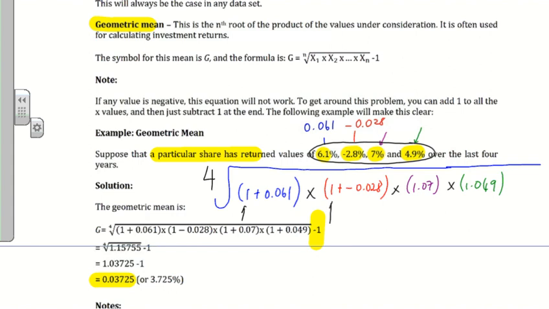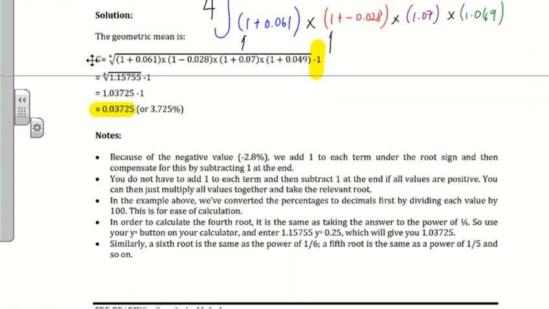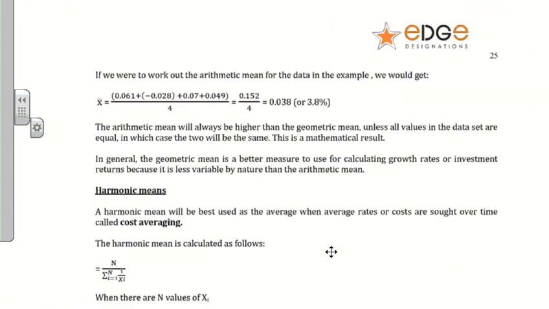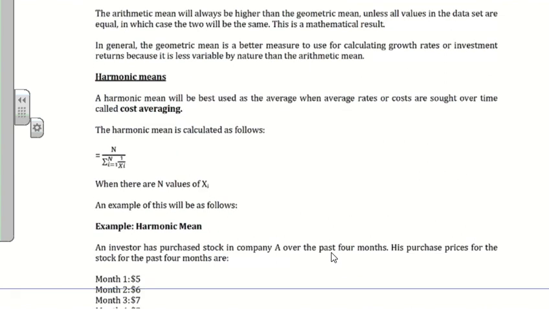So again, there's a 3-step process. You take each of your numbers, you add a 1 to it, you multiply them all out by each other, and you root those to the root of however many observations there are. It's 4, so the root of 4. And don't forget, because you added 1 in the beginning, to minus 1 on the back end. Everybody comfortable? That's called geometric means.